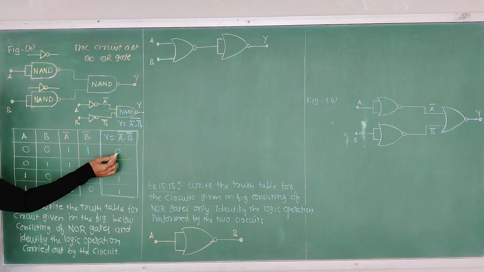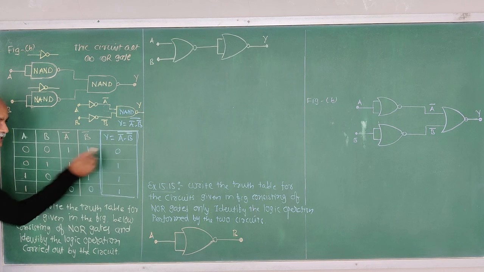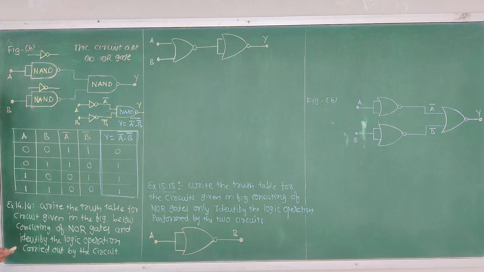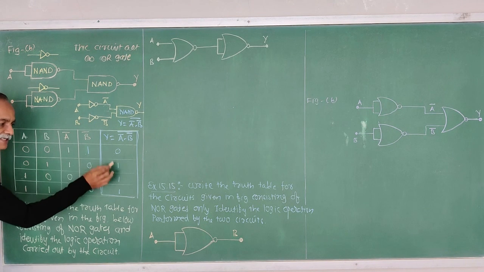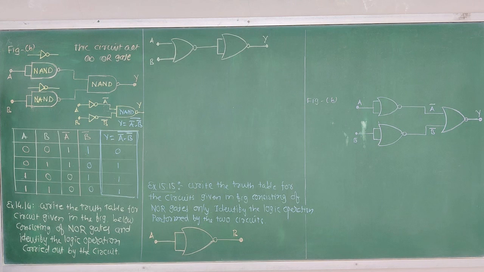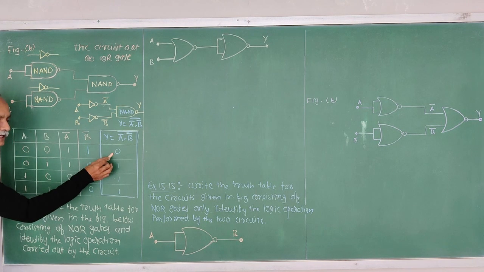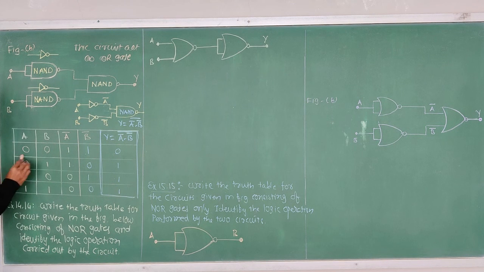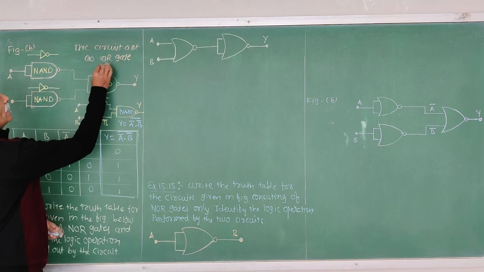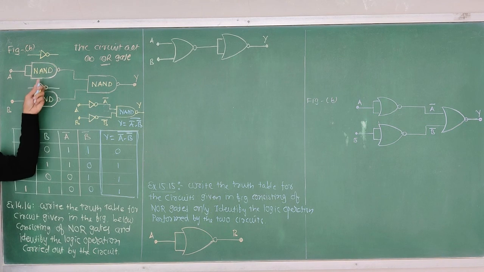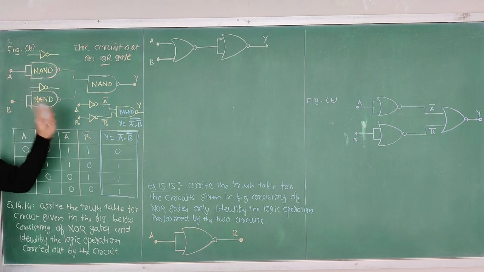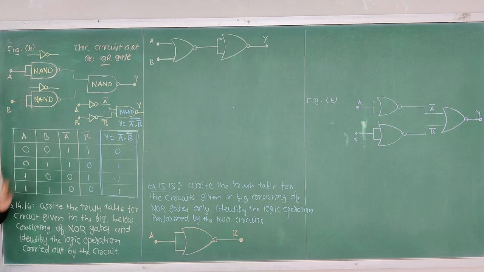Right? Because the output 0 is obtained only if both inputs are 0. That is the characteristic of an OR gate. Otherwise 1. So the final output is 0, 1, 1, 1 corresponding to this input. Therefore, the circuit given in figure B acts as an OR gate.